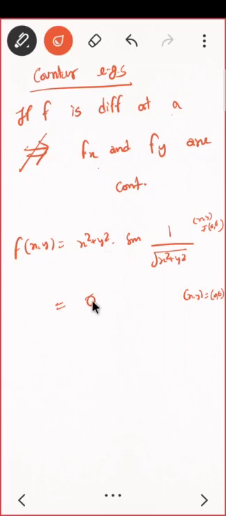How will you check whether it is differentiable? You can start with the epsilon-delta definition. You know the estimate for sine, so it is definitely differentiable, or you can quickly check by using the total derivative.